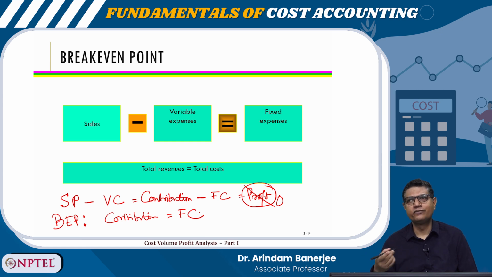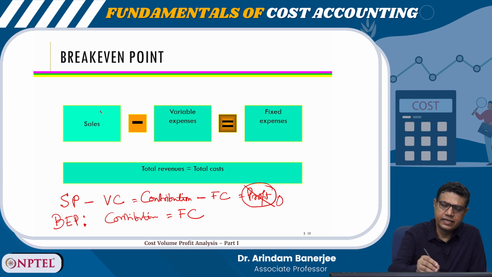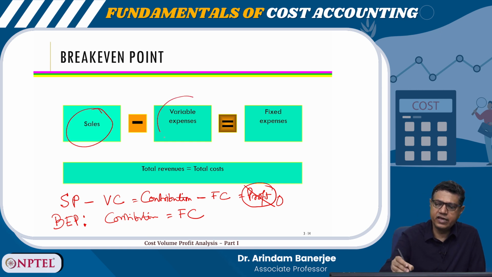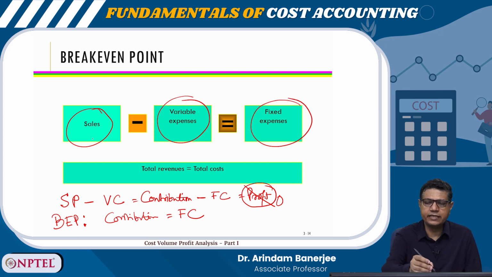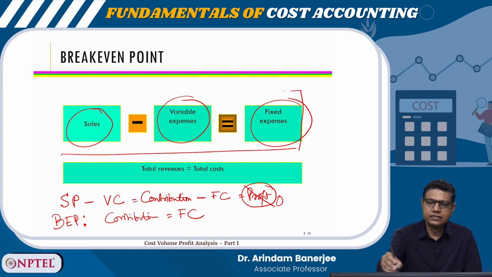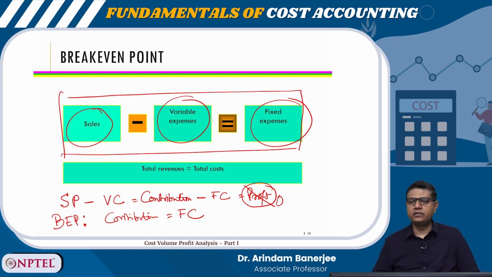So, I can rewrite it as sales minus variable cost is equal to fixed cost, because originally sales minus variable expense is contribution, and contribution is equal to fixed expense in case of break-even sales. So, I can write sales minus variable expense is equal to fixed expense, fine. So, this is another relationship.